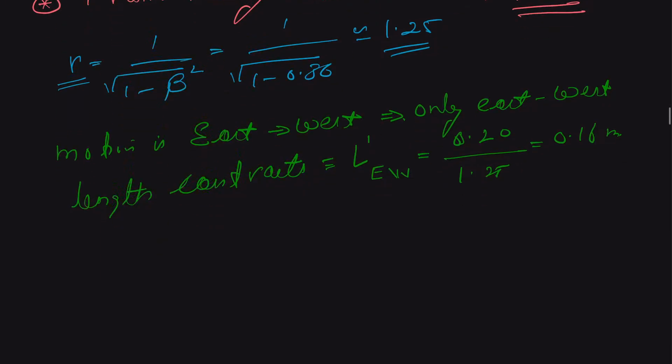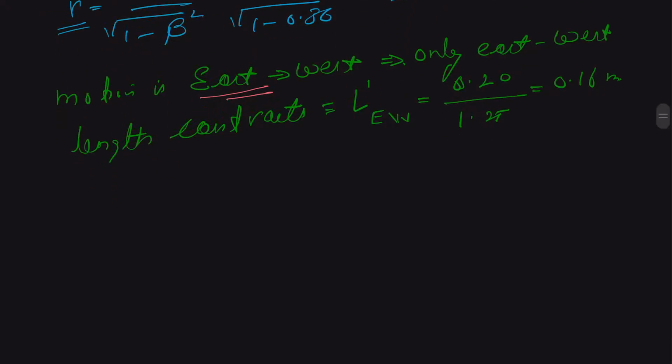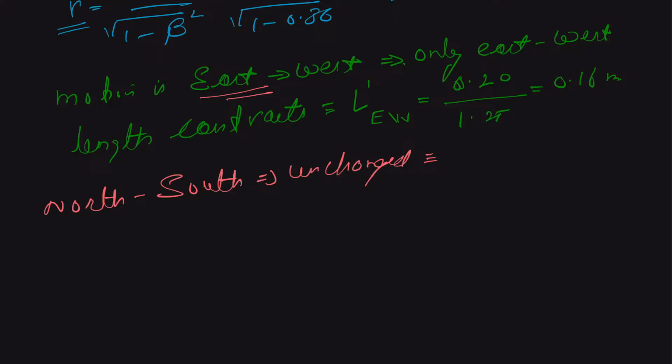So only the length about the east-west changes, and the north-south remains unchanged. The north-south length will be the same as the original one, that is about 0.10 meters.